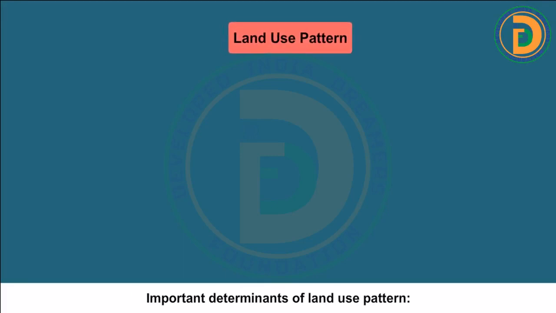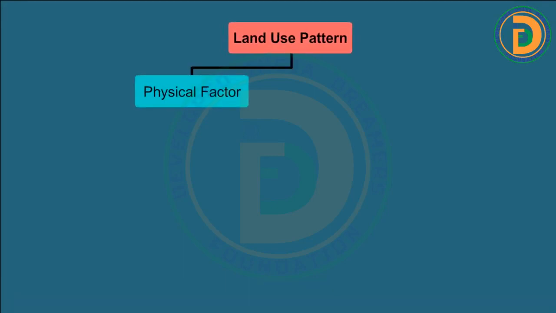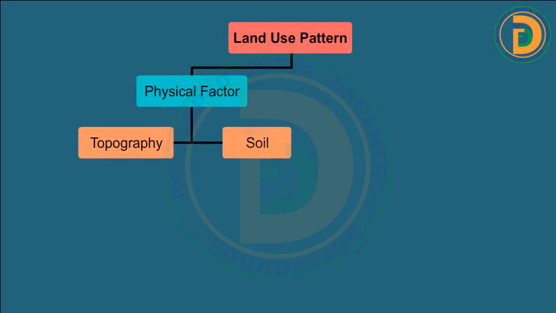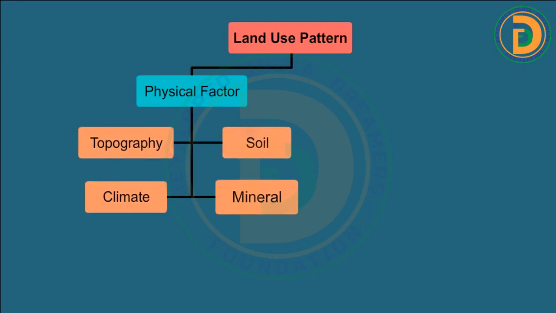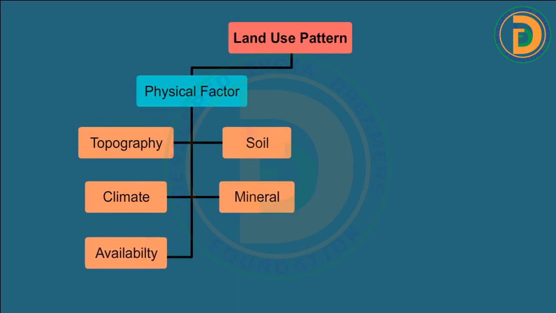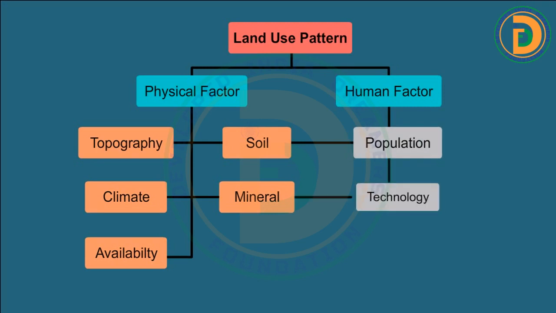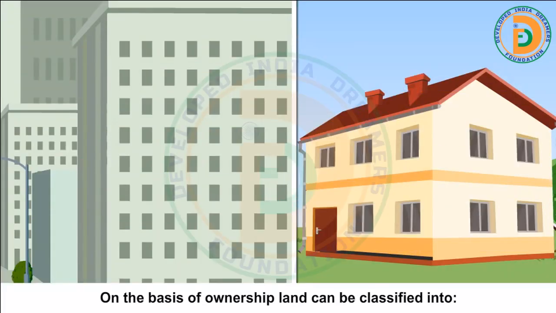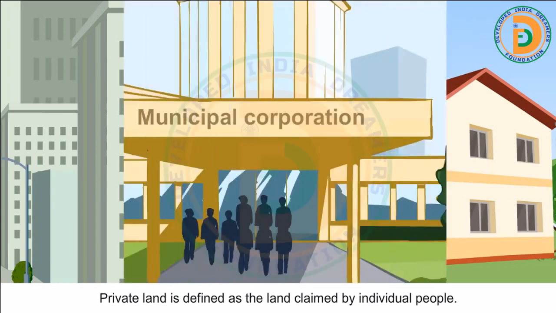Important determinants of land use pattern: physical factors like topography, soil, climate, minerals, availability of water. Human factors: population, technology. On the basis of ownership, land can be classified into: private land, which is defined as the land claimed by individual people, for example, a flat or bungalow.